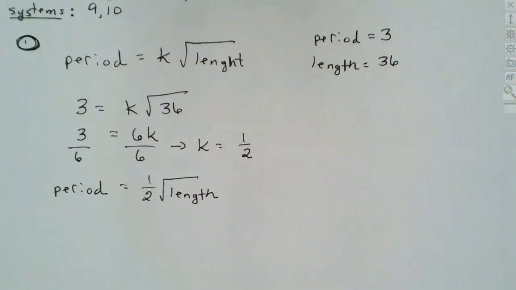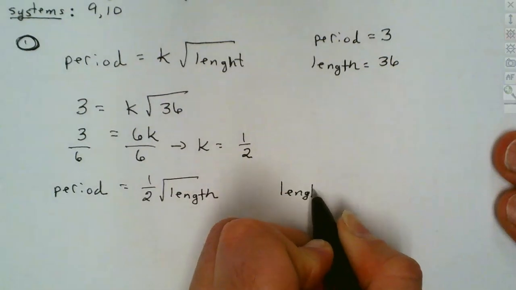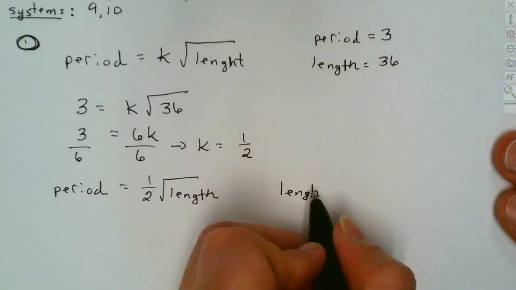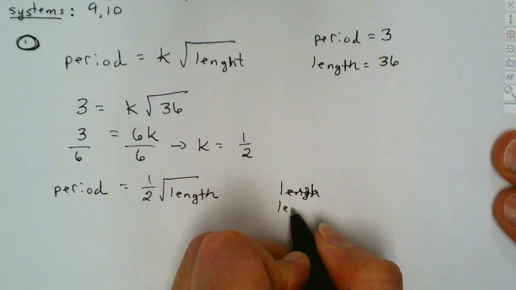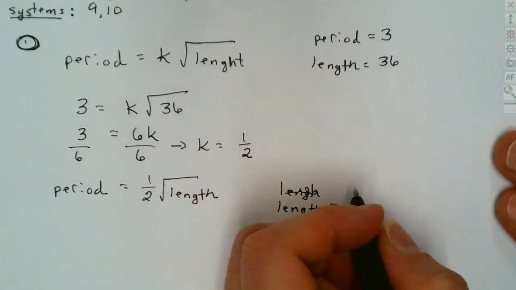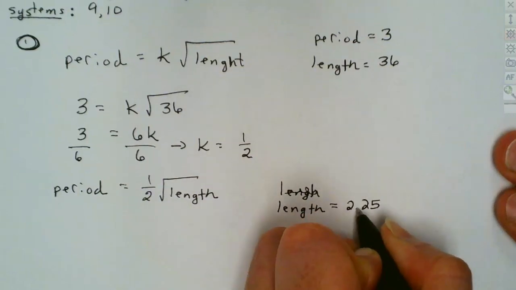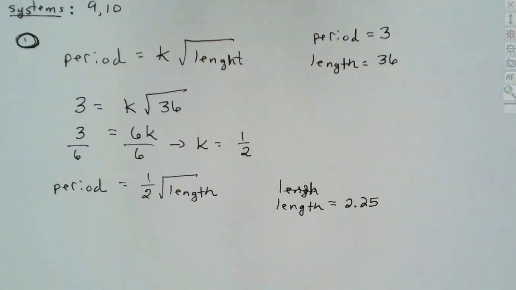And we want to find the new period when that pendulum's length is 2.25. And it says round to 2 decimal places at the end. So now we're going to use our new formula. And we're going to adjust the length of that pendulum to 2.25 inches. So now we'll plug it in.